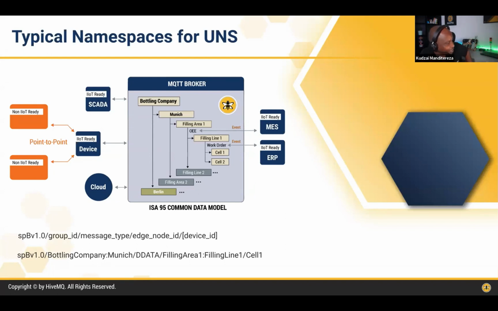So when it comes to Sparkplug, you could represent your unified namespace using just the flat MQTT topic, whereby your topic namespace shows your hierarchy. Now, when it comes to Sparkplug, you've got a limitation as to the number of nodes or elements that you could put there, as you can see, you've got group ID, edge node ID, and device ID.